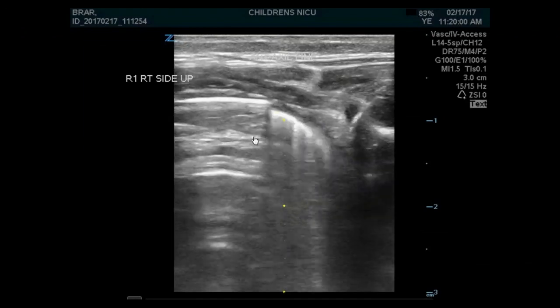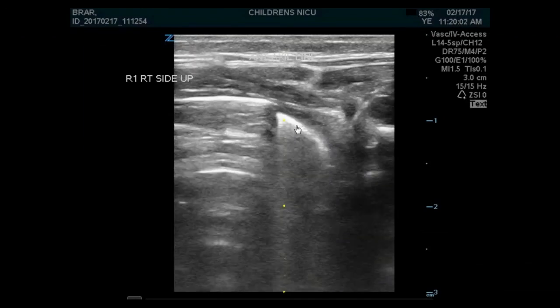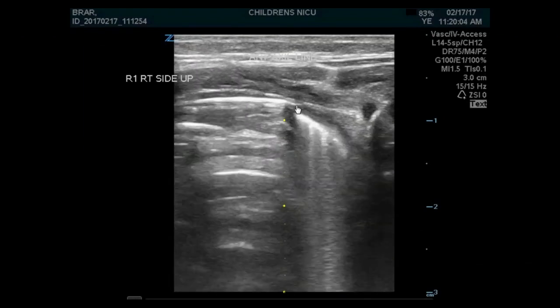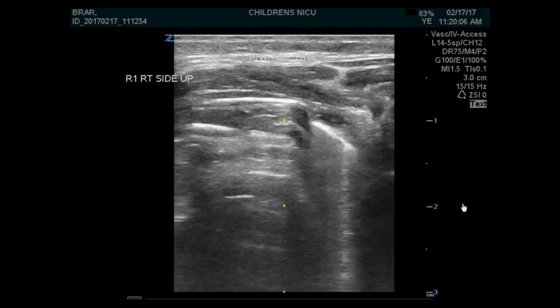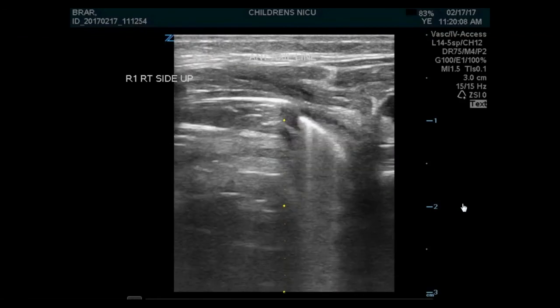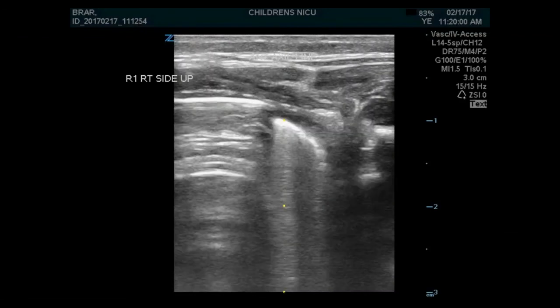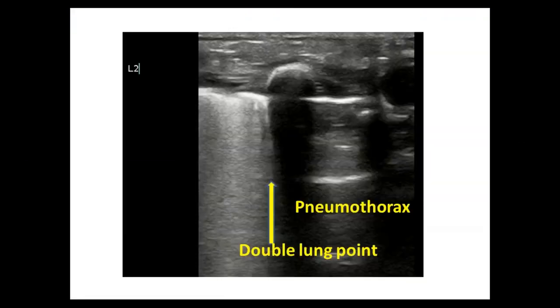Here is a collection of air with no lung, but here you can still see some sliding. So that's a double lung point in pneumothorax. Again, you have a double lung point, A lines side by side with the partially collapsed lung with alveolar fluid.